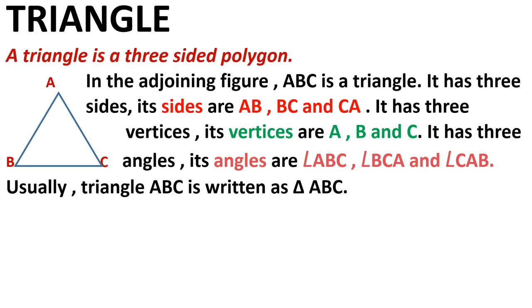That means we are talking about angle B. Angle BCA, here we are talking about angle C. And angle CAB, here we are talking about angle A. So we can write angle A, angle B and angle C also. Usually triangle ABC is written with the symbol of the triangle and then the name of the triangle, that is ABC, and we read it as triangle ABC. Clear? These are very small topics.